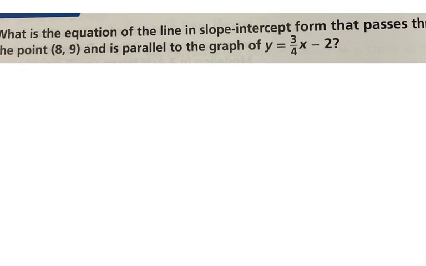Okay, so here's our first problem. In this information, I need to write an equation of a line in slope-intercept form. Okay? What does slope-intercept form look like? Y equals mx plus b.